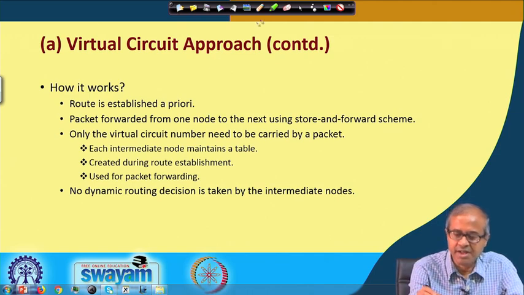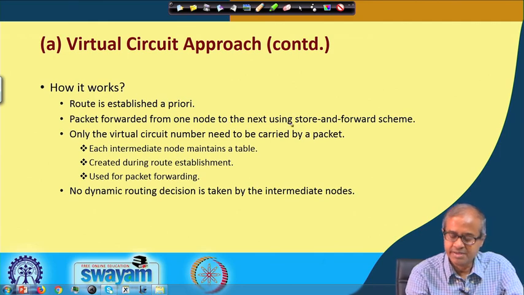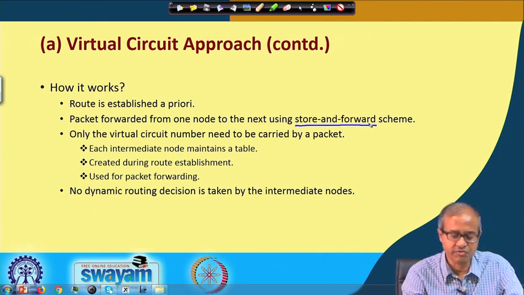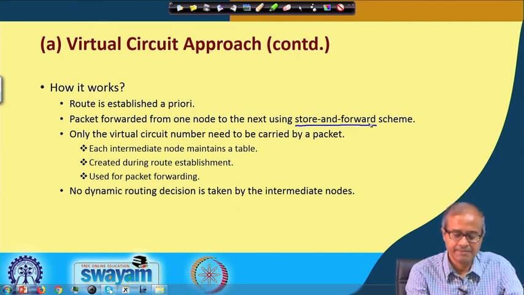Now, regarding packet forwarding, it will be the normal store and forward scheme, and as I had said, the packet in the header will carry only the virtual circuit number, and all intermediate nodes will be maintaining some kind of a routing table. Okay.